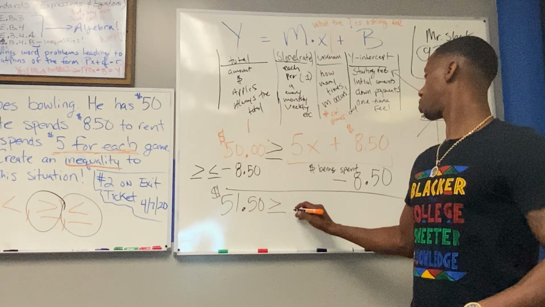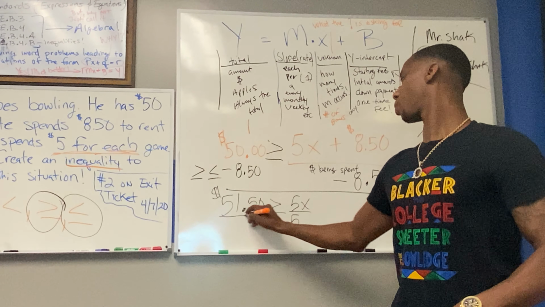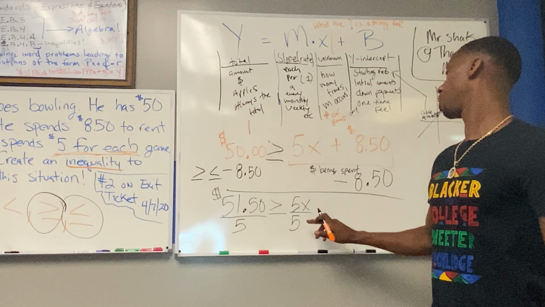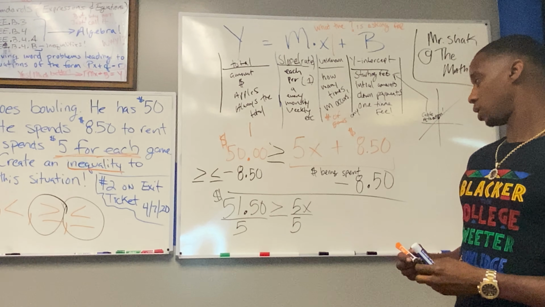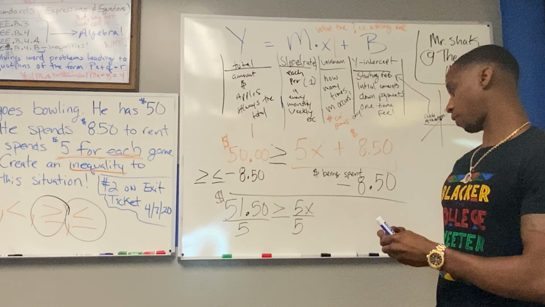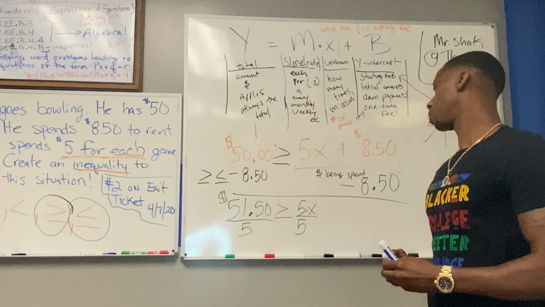It's greater than or equal to 5x. If you divide both sides by 5, why am I dividing both sides by 5? Well, I want the coefficient to be 1, and dividing by 5 is the opposite of multiplying by 5. And we always use the inverse operation to solve.